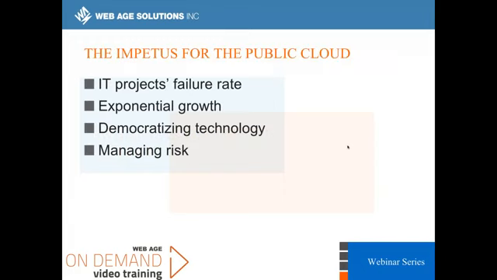The impetus for the public cloud is something that everybody who is engaged in information technology, everybody who has a technology backbone to their enterprise, is familiar with. That IT projects have an enormous failure rate. And by failure rate, what I'm talking about here is the reasons that we created the project in the first place aren't met.